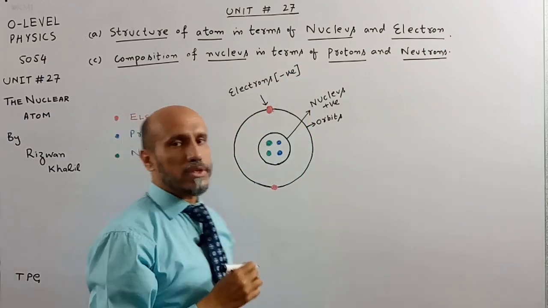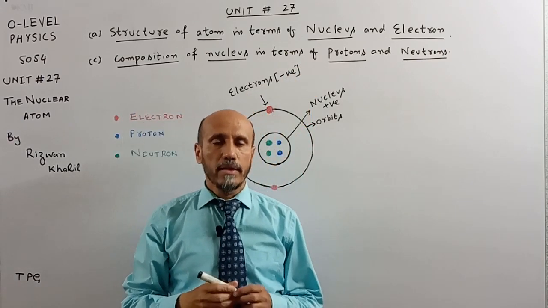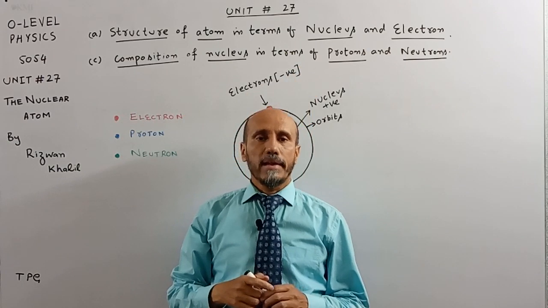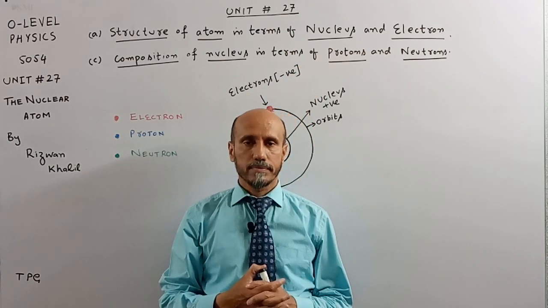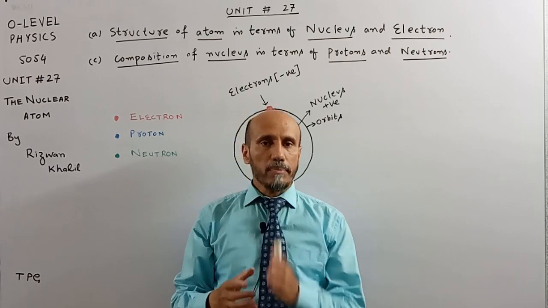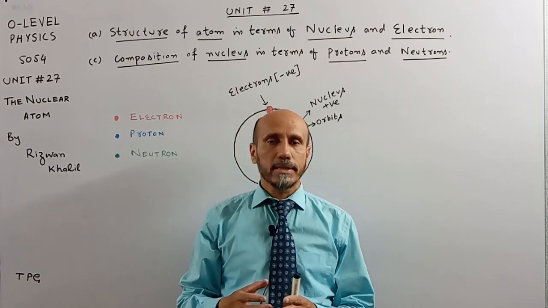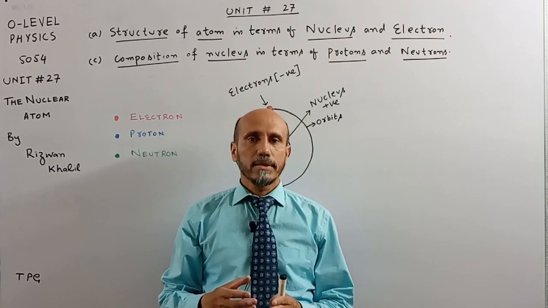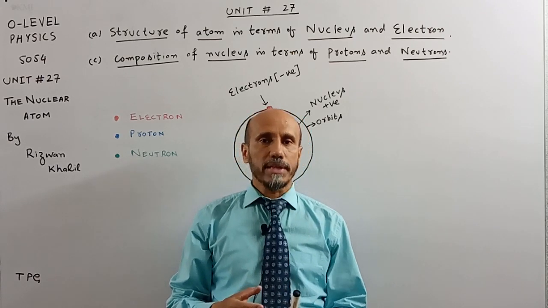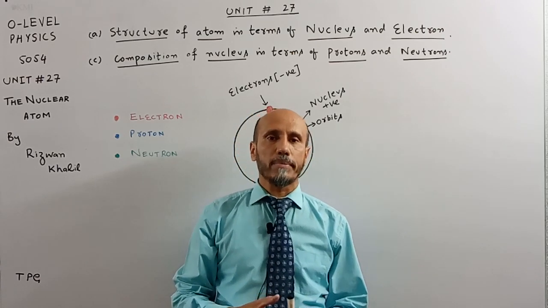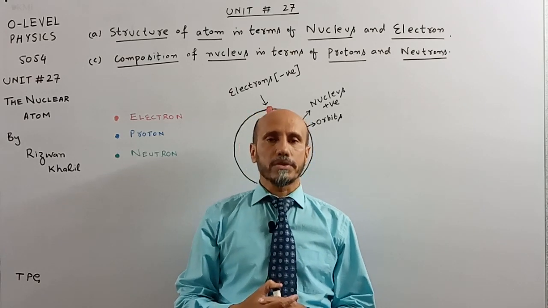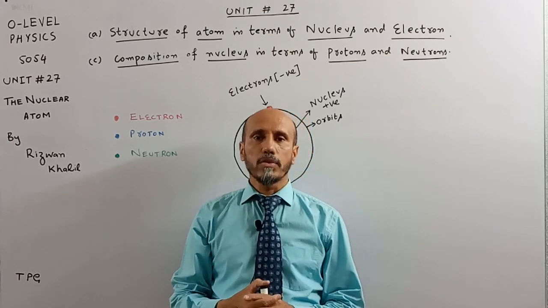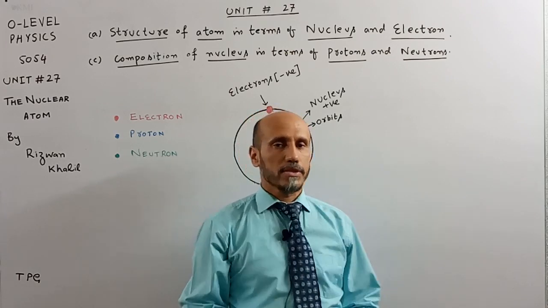So nucleus is a positively charged particle while electron is a negatively charged particle. So the central part of atom is called as nucleus, and around the nucleus the particles which revolve in specific orbits are called as electrons. Nucleus carries positive charge while electrons carry negative charge.